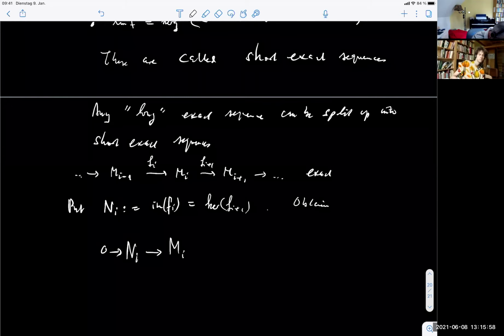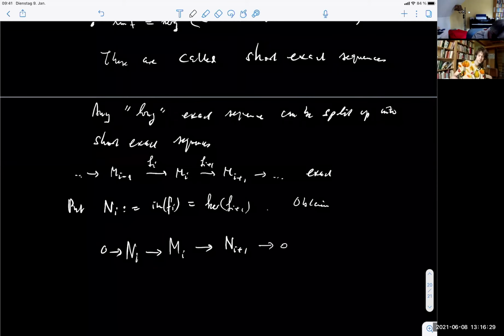And here I put Ni plus 1. The map is essentially this map, which goes to Ni plus 1, the image of Fi plus 1. So instead of this, I just write what the image is, and this is then surjective.